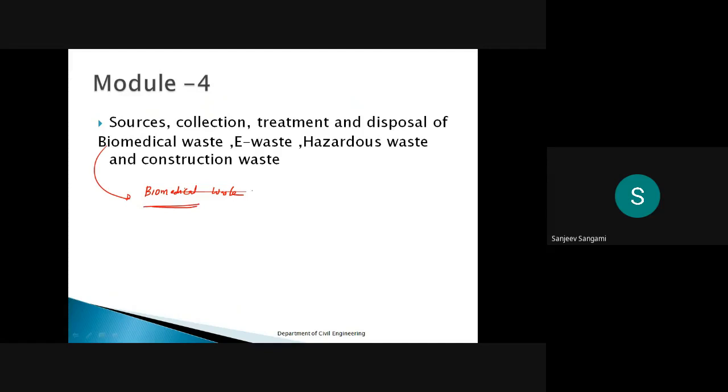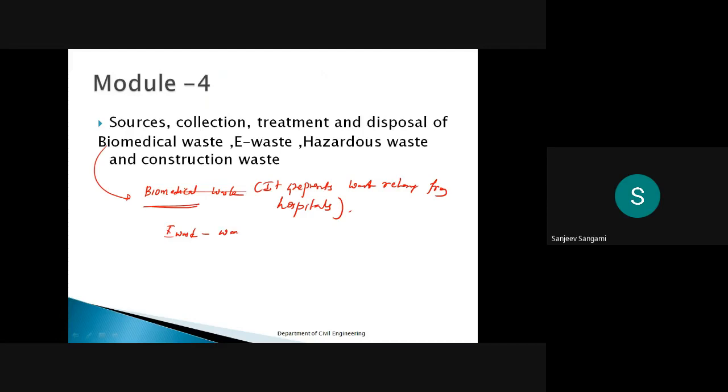Biomedical waste represents the waste released from hospitals.